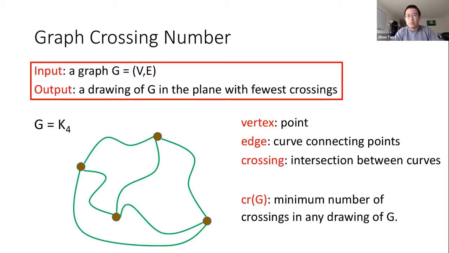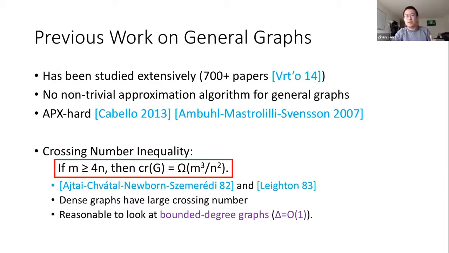So it's a famous problem, and what is previously known on this problem? It was introduced in the 1940s by Paul Turán, and since then has been studied extensively. According to a bibliography maintained by Vrťo, by 2014 there were already more than 700 papers on this topic. But despite being studied extensively, our understanding of this problem is still far from complete.